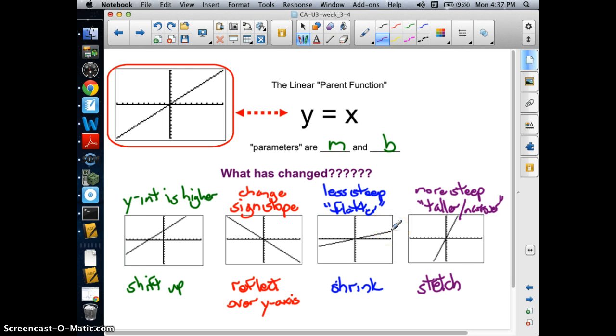So if you think about a rubber band upright in front of you, if you stretch it top to bottom, it sort of gets skinnier and narrower. And that's just what's happening to my graph. If I took my line and grabbed it top to bottom and pulled my hands up and down, the line would become more steep. These are all transformations of the parent function.